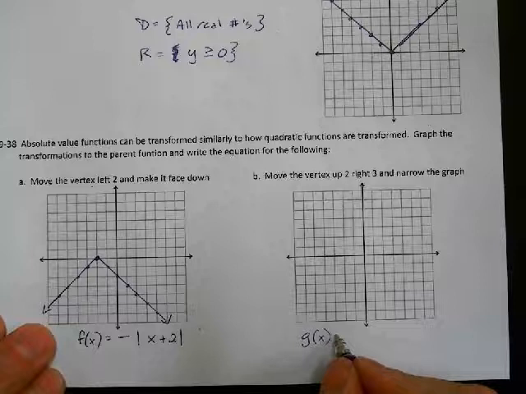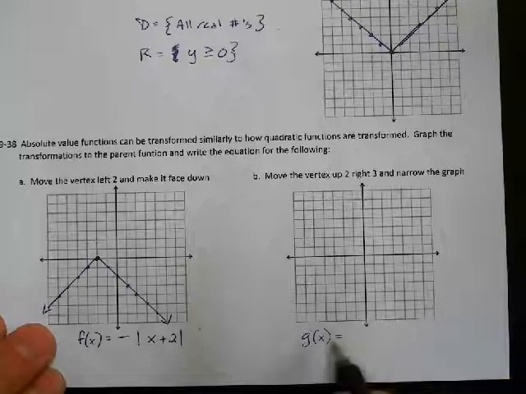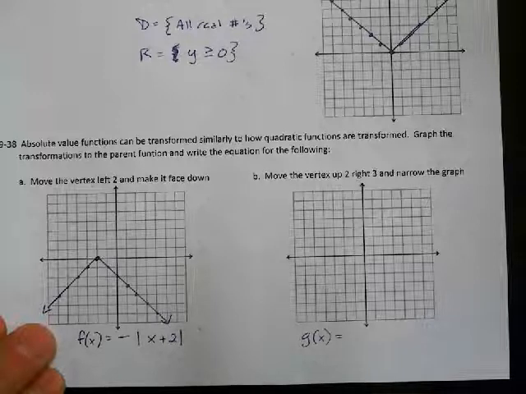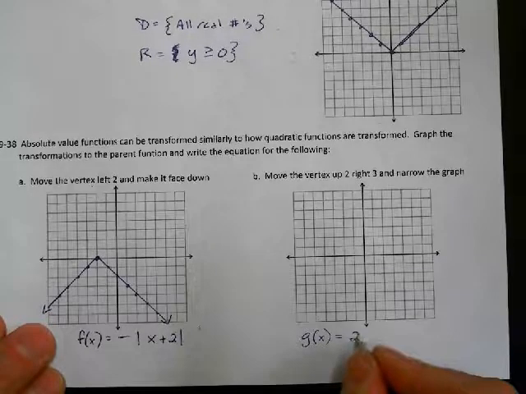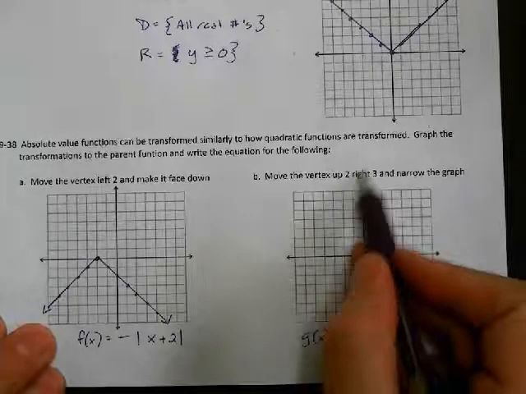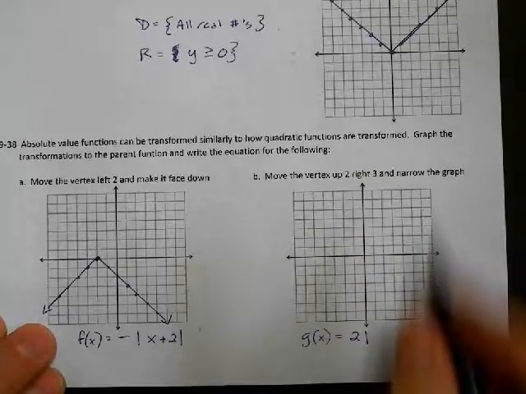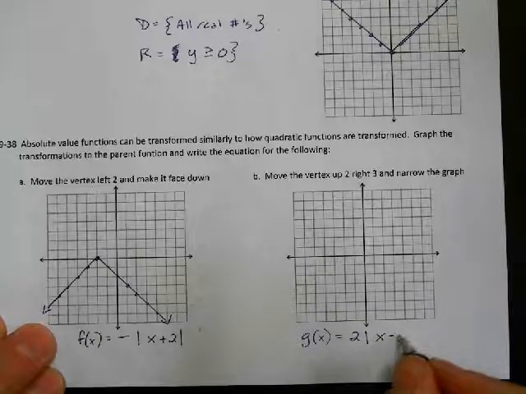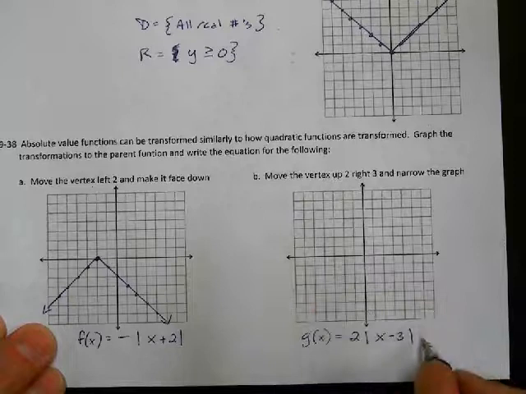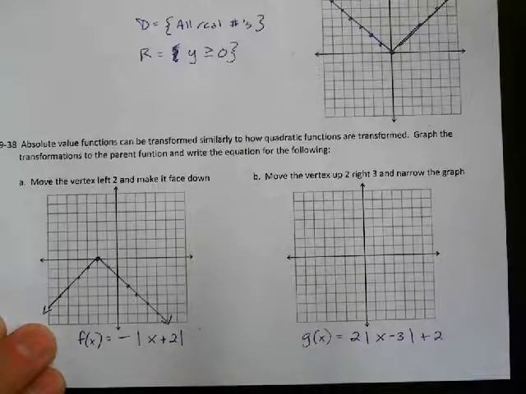Remember we needed a number bigger than 1 outside of the parentheses. So for absolute value, we'll put a number bigger than 1 outside the absolute value. Now this is going to go right 3. So that means I need to do x minus 3 inside of the absolute value. And then it's going to go up 2, so I would put plus 2 at the end there.